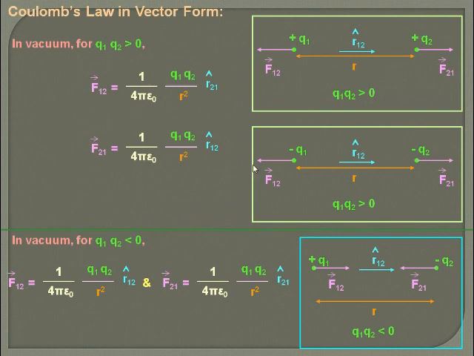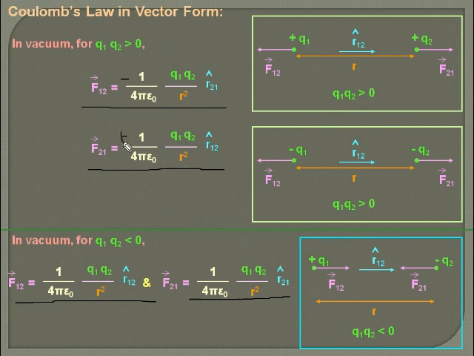Is that clear to you? So these expressions are for Coulomb's law in vector form. This is negative, this is positive for the above examples, and this time this is positive and this is negative.